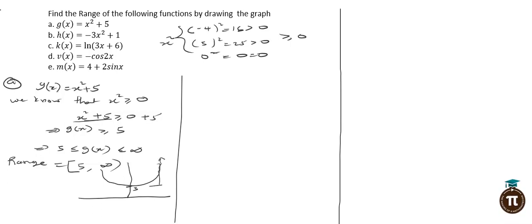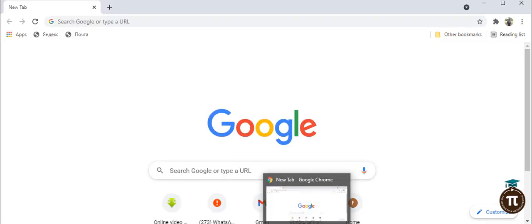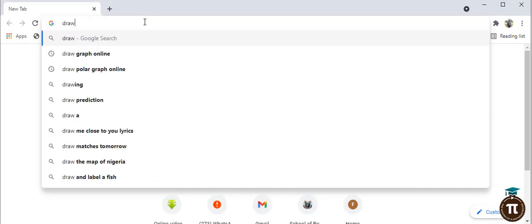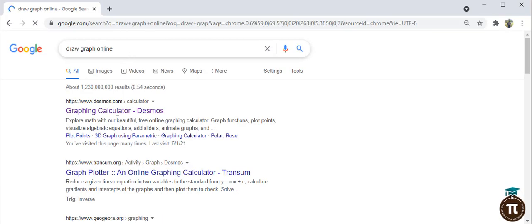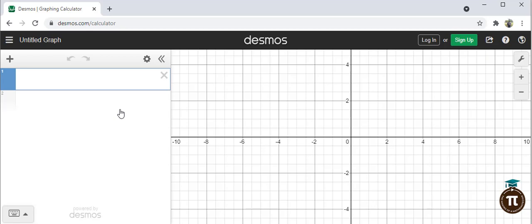You will have to measure the y-axis. The y-axis will tell you the range of a function. Meanwhile, let's draw it. You can just come online and search graph online. So I use Desmos. Now I want to draw x squared plus 5.